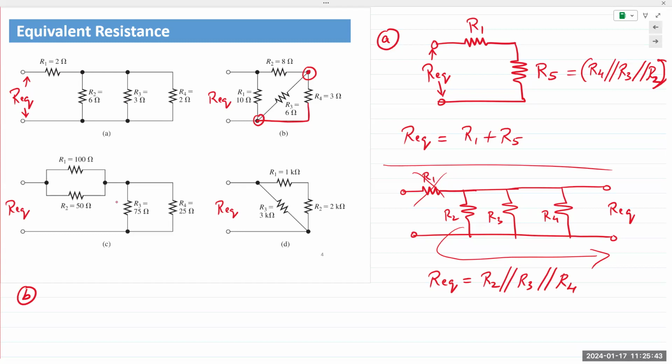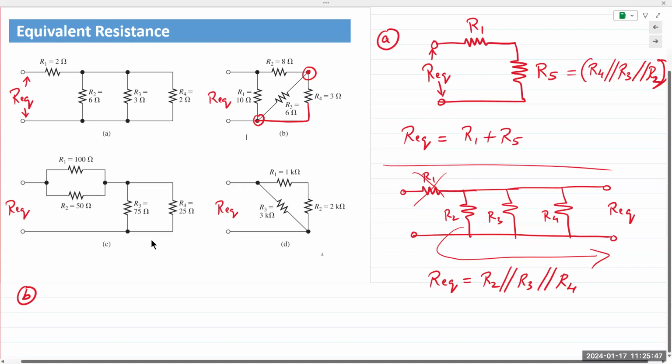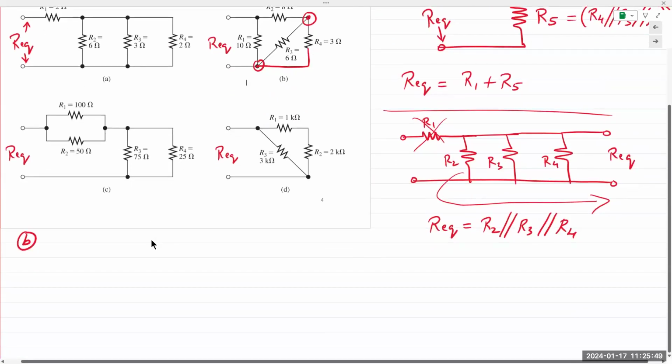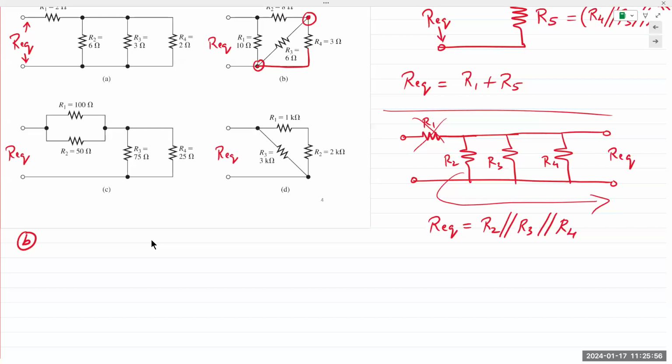And I will draw this out in a way that makes sense to me. When I see a resistor on a diagonal, what I like to do is I stretch out that node to either make the resistor horizontal or to make it vertical. In this case, it makes sense to actually make R3 vertical like this.